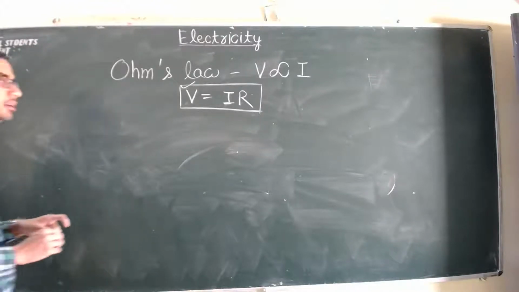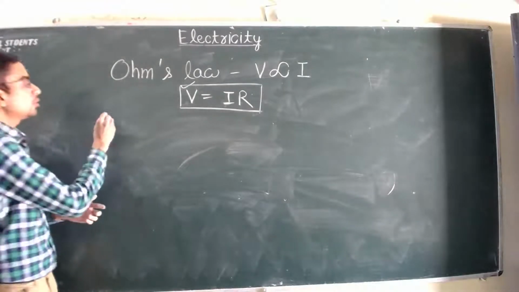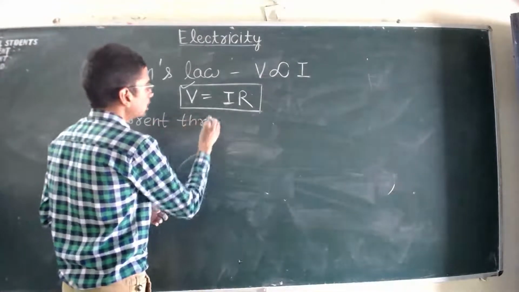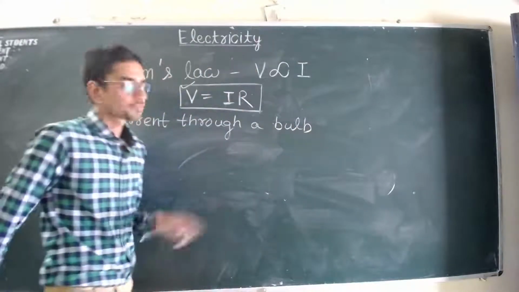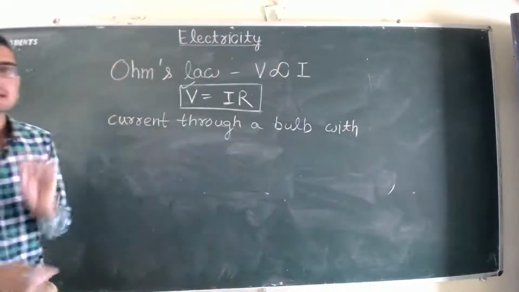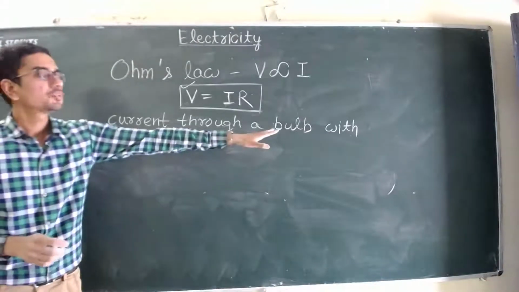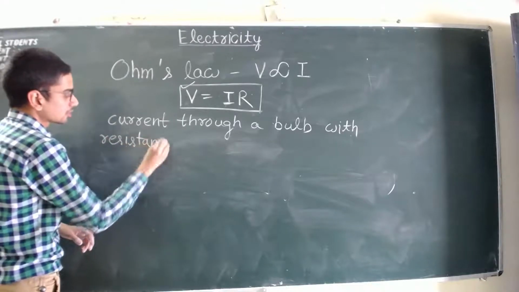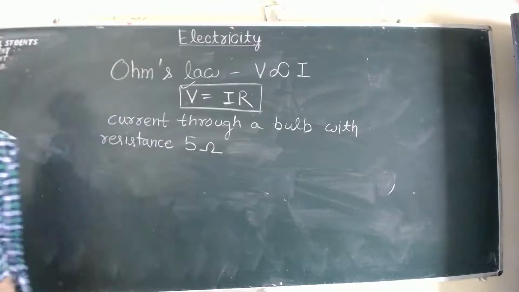Find the value of current flowing through an electric bulb with resistance. बल्ब आपको बताया था मैंने, बल्ब is a device. सो किसी भी डिवाइस का रेजिस्टेंस भी होता है. तो बल्ब का रेजिस्टेंस कितना दिया हुआ है, 5 ohm. 5 ohm is the resistance.